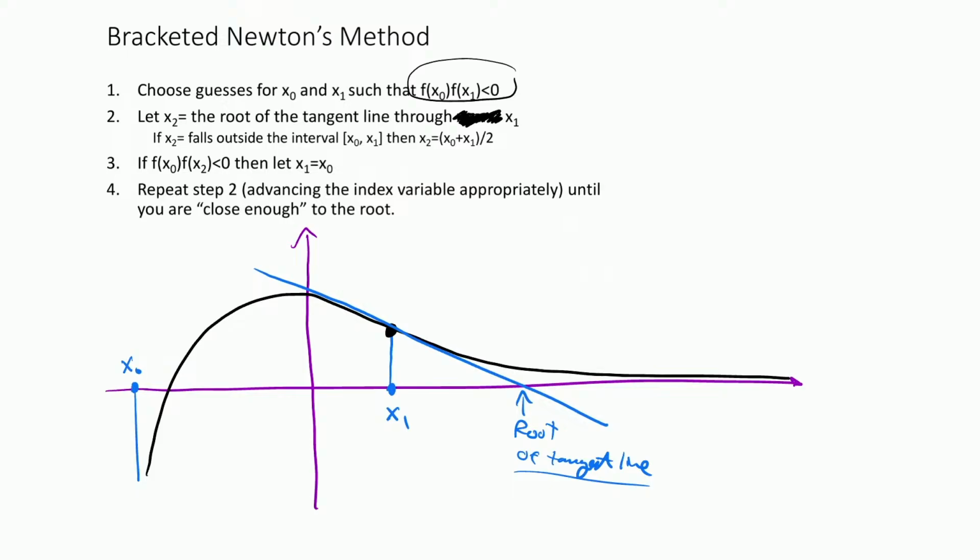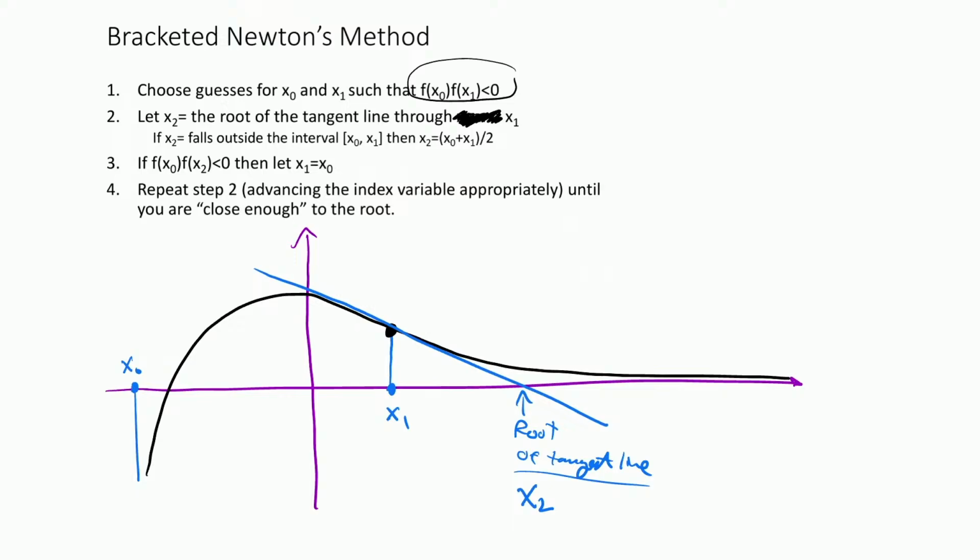So this is where the bisection method comes in. This point right here, the root of the tangent line, is x2. That thing is outside the original interval. And since it's outside the original interval, we're like, oh, I don't want to go out there.